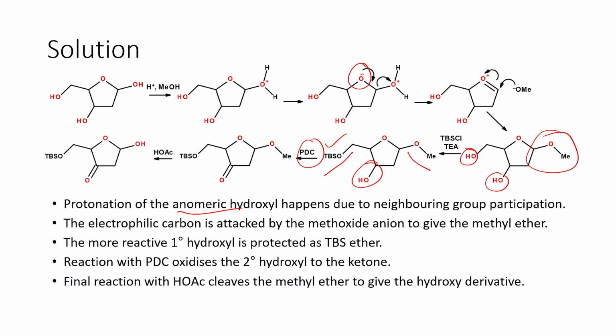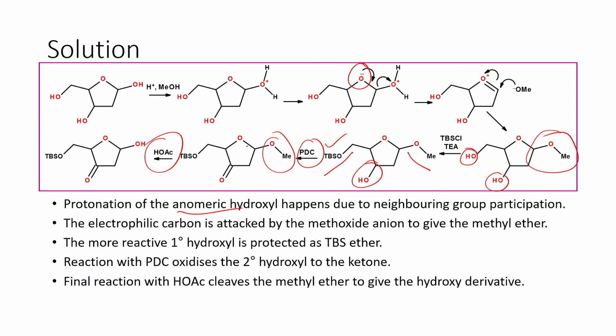The final step is reaction with acetic acid, which deprotects the methyl ether, and we end up with a hydroxy derivative. So this is the one we had assumed to be the right product, and by doing this reaction we also confirm that yes, that is the right product formed in this reaction.